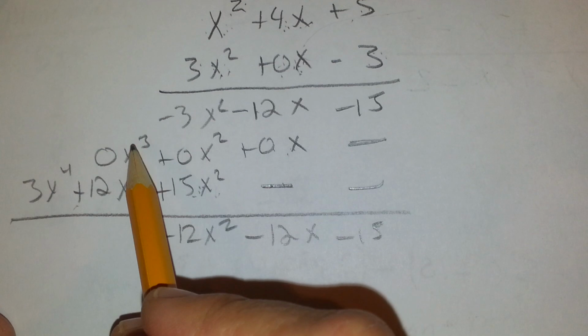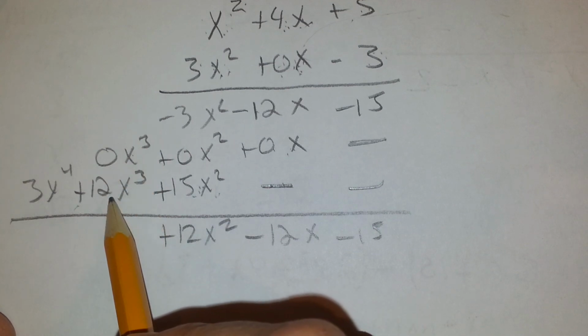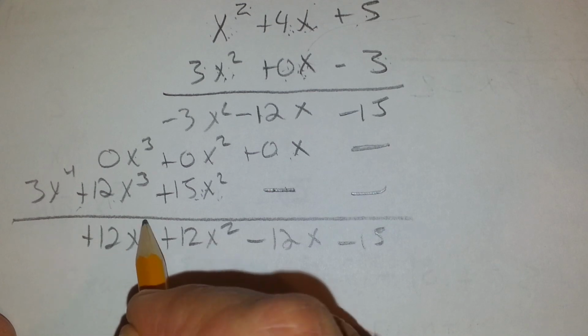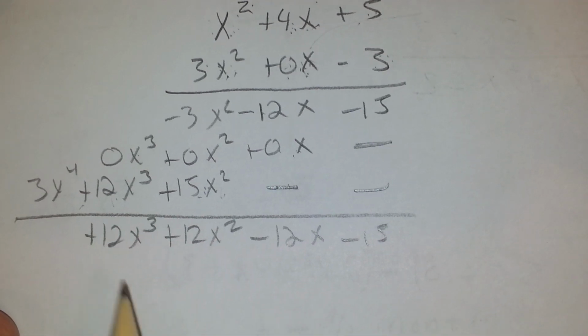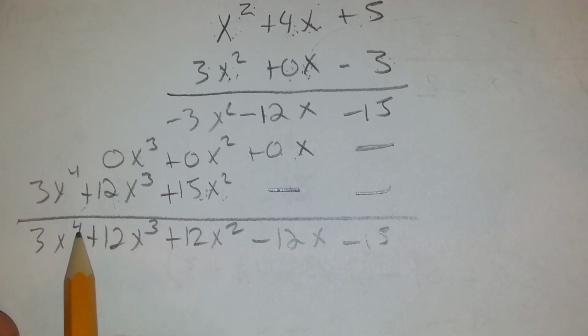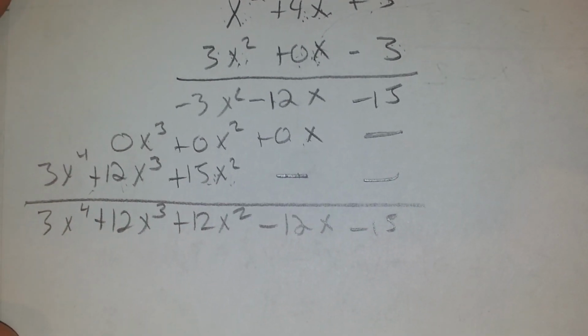Over here I've got 0 and 12, and that's plus 12x cubed. And then I just have this one column of 3x to the 4th. And there you have it.